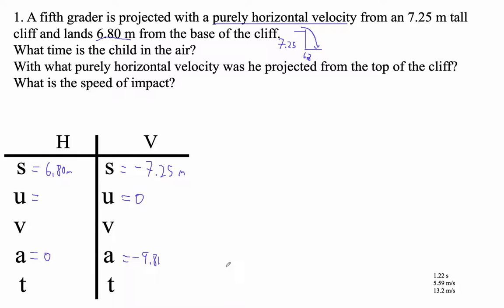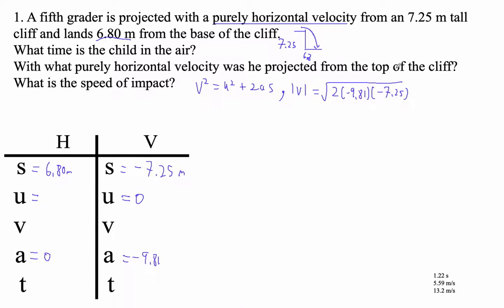Okay, so I think I'll use the no-t equation to find v. So v squared is u squared plus 2as. The absolute value of v is the square root of, basically u squared is 0, so 2 times negative 9.81 times negative 7.25. I'll have to calculate that.